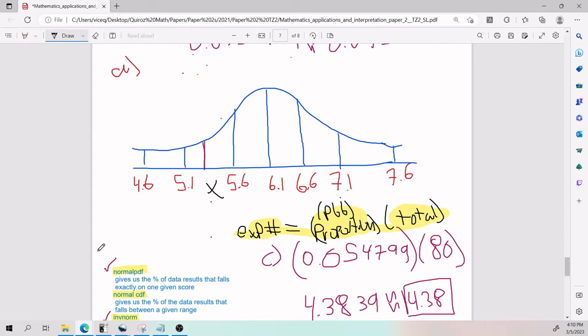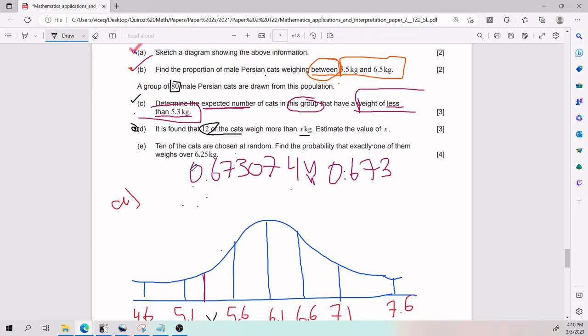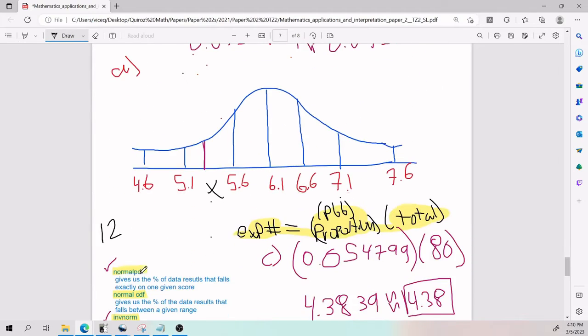So expected number in this case is 12, equals proportion times your total, which is 80, the group of 80 cats. Divide both sides by 80 to get proportion alone.